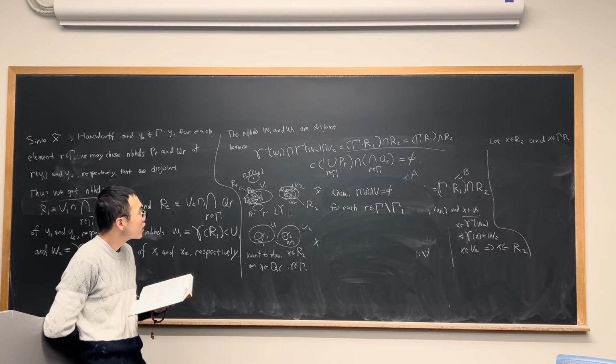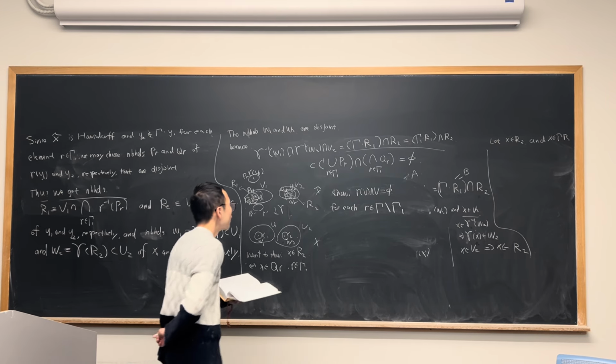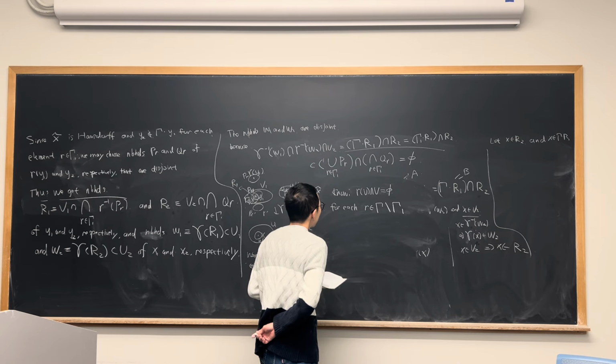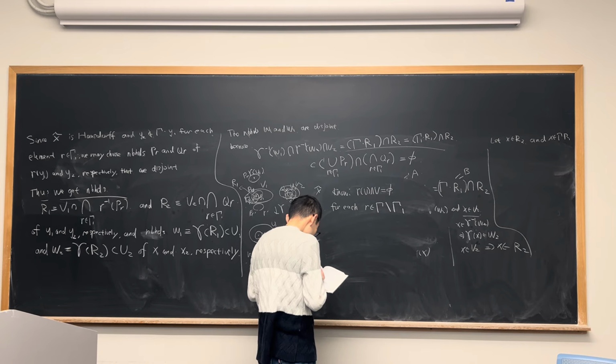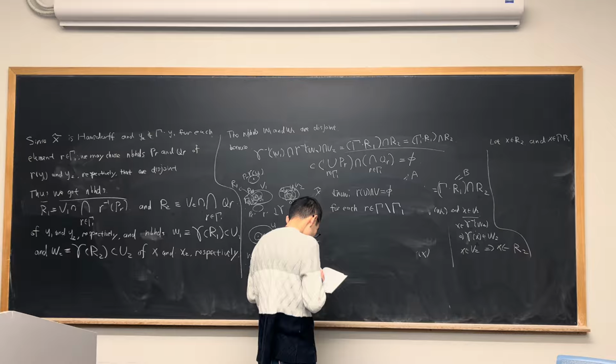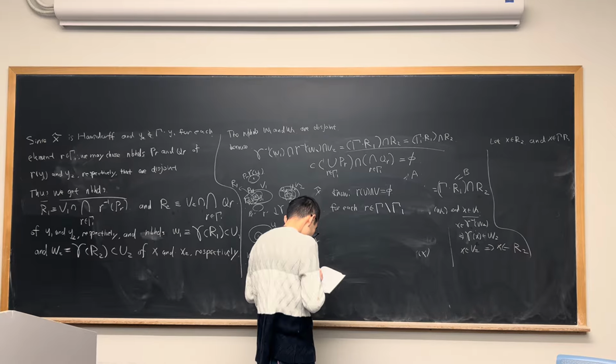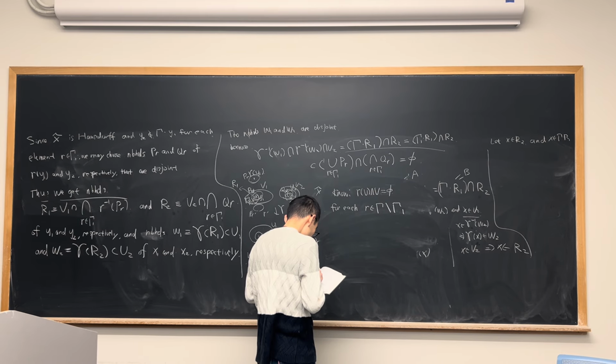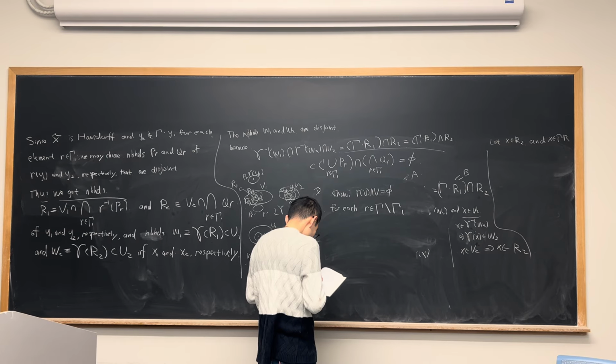I know that this gamma 1 is acting. So this is how you define it: you fix the point.